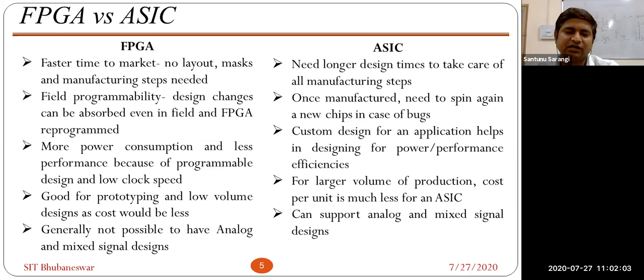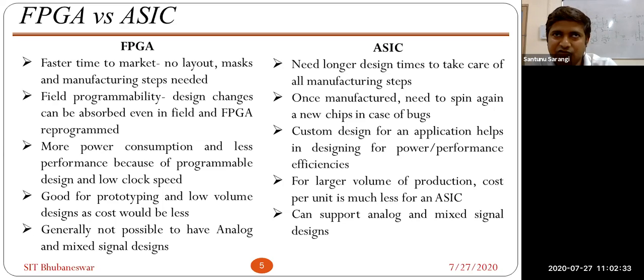Next, in the FPGA case, all the generic components are there, so the size is more, there is a lot of power consumption, and less performance. Speed is less, and clock speed is also low. But in ASIC, according to our requirement, only those components that are required, we will put.